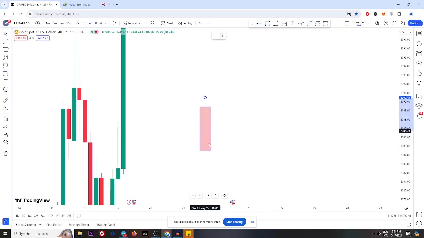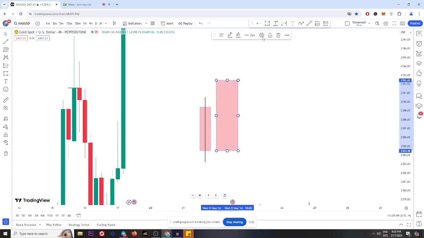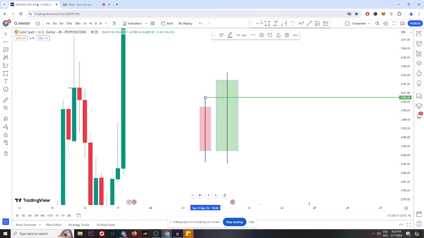But for the SNR, we are not going to take that high, we are going to take this, because of the previous candle's closing. Remember, previous candle closing. Sometimes, as I said, this can happen, so we are still not going to take this as a resistance; we are going to take this as a support. Now look at here.